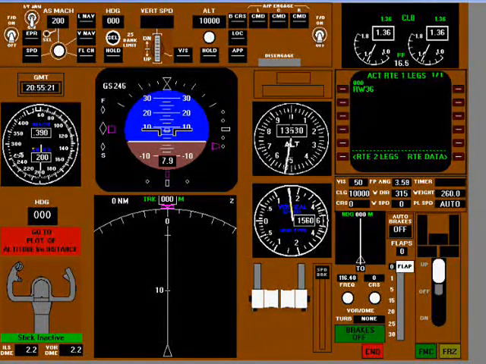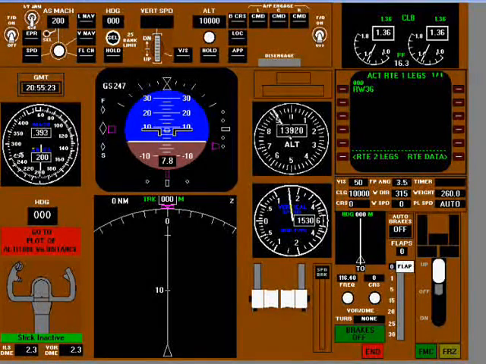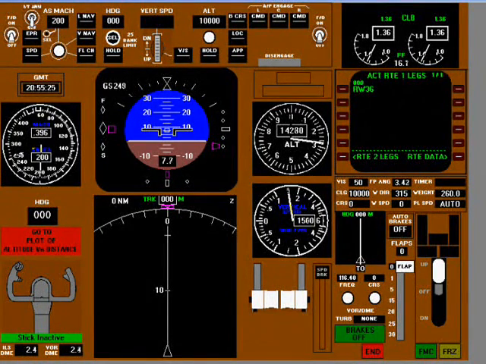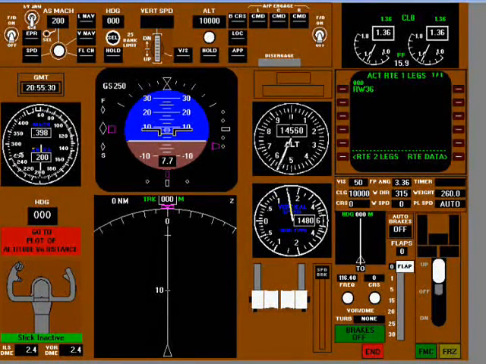Now, maintaining 200 knots, we will level off using a precise transition at 15,000 feet. Plotting speed has now been slowed down.